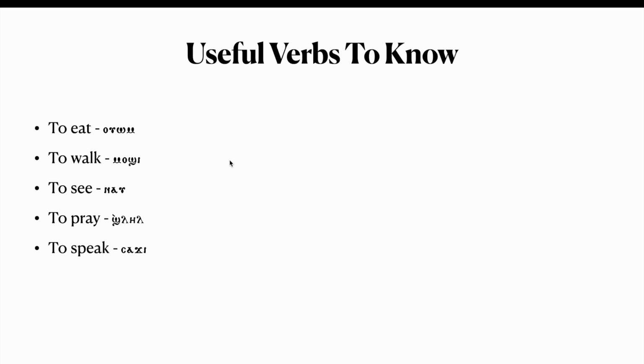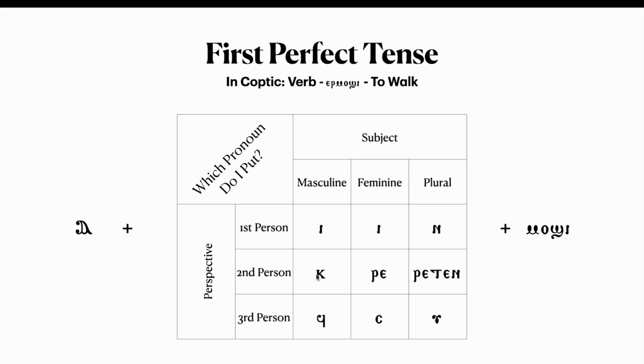Then some other useful verbs to know in everyday life. To eat is owom, to walk is moshi, to see is nav, to pray is ishlil, and to speak is saji. So if I were to say I spoke, it would be I saji. If I were to say you prayed, and I was talking to a guy, that would be ak ishlil, because it's second person masculine, ak.